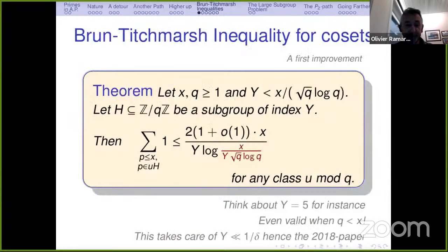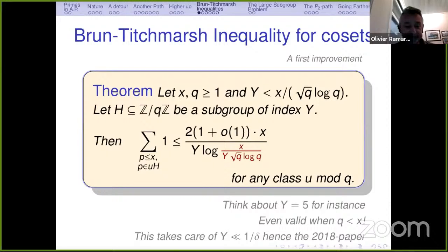Okay, so let me present some more. Brun-Titchmarsh inequalities first. A beautiful result by Priyamvad. If you look at the Brun-Titchmarsh inequality, but you don't count the primes in one class, but in a full coset, u times H is a full coset, and H is a large subgroup. I mean, it's a subgroup of index y, and assume that y is small. y is 5.